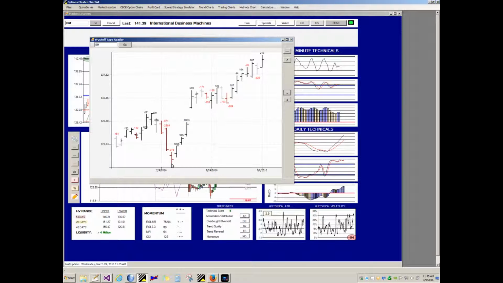Just like there's on balance volume for the market as a whole, you can do on balance volume for each bar by sampling the buying and the selling that's going on internally on each bar, and that's what we've done. The black numbers represent a positive on balance volume, and the red numbers are a negative on balance volume.